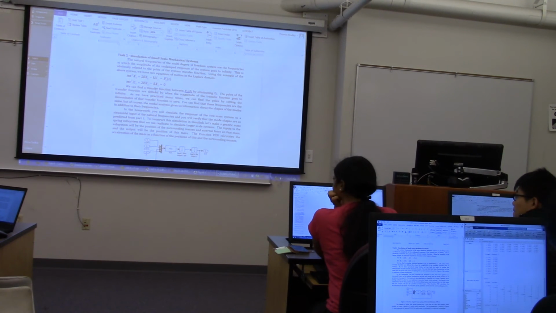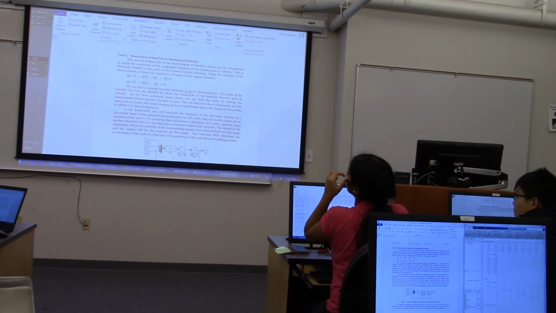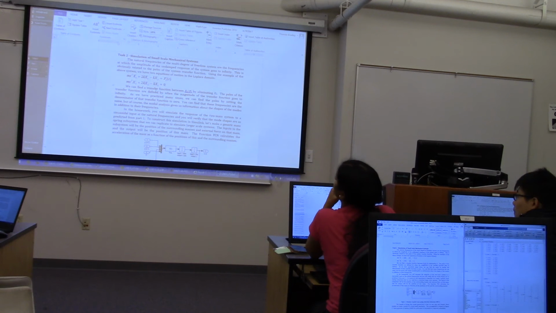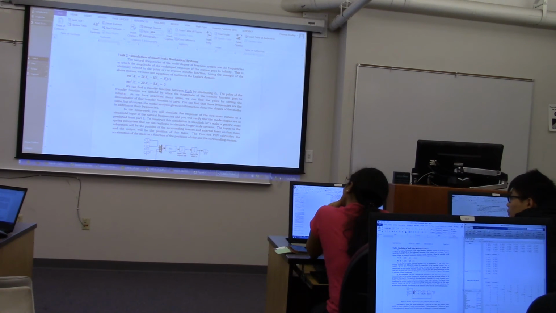minus 2k times x sub i. So if this mass displaces a little bit in this direction, then it will have a doubled restoration force. Plus, if x sub i plus 1 goes in that direction, then I have a force k times x sub i plus 1.